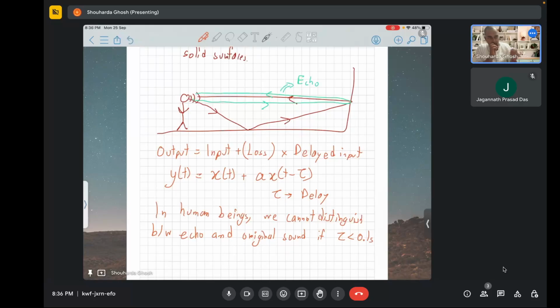So you need at least 100 milliseconds of delay in order to get a good echo. That's why when you speak in a room, we don't normally hear our echoes, because the reflections are coming very fast.